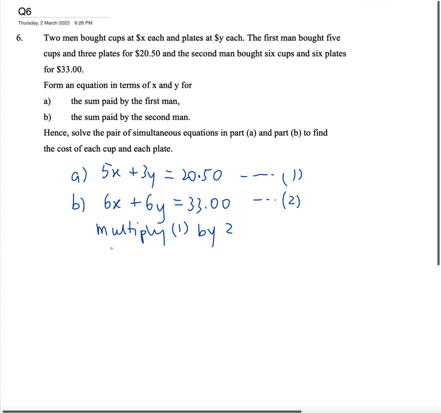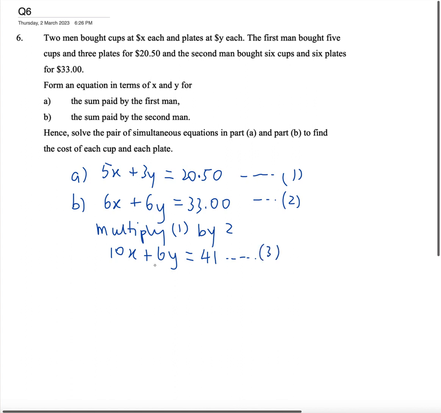So 5 times 2 is 10x, and times 2 here we have a 6y. And on this side we have 20.5 multiplied by 2, we have 41. We call it equation 3.